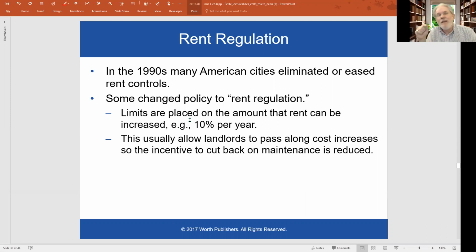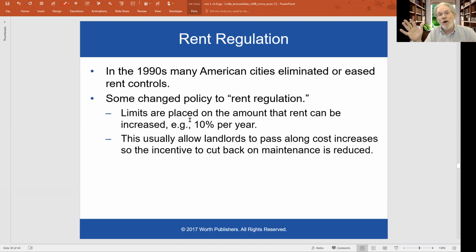That's perfectly in line with the incentives that are created with rent control. Obviously, that was not the intention of rent control. But recognize that anytime you impose a price ceiling, you are changing the incentives. You are giving the producer less incentive to give the consumer what they want.